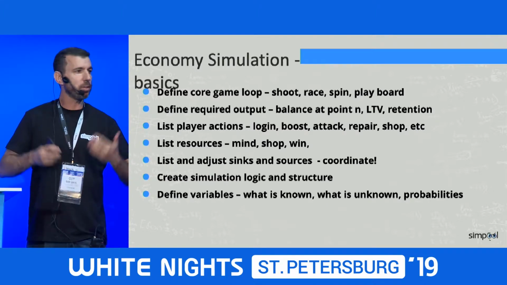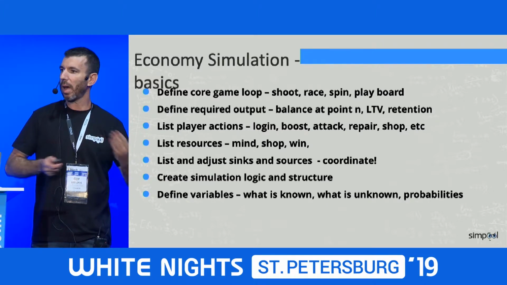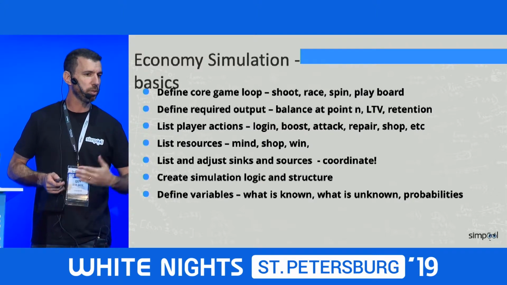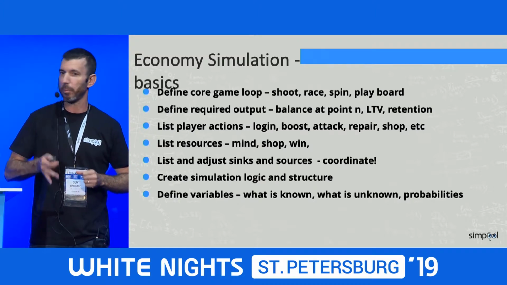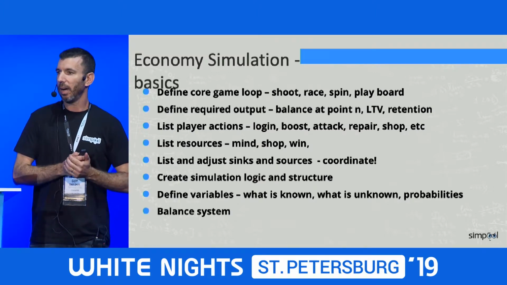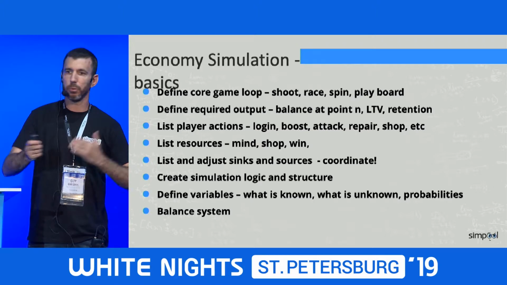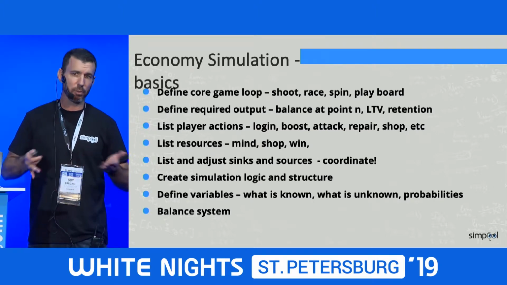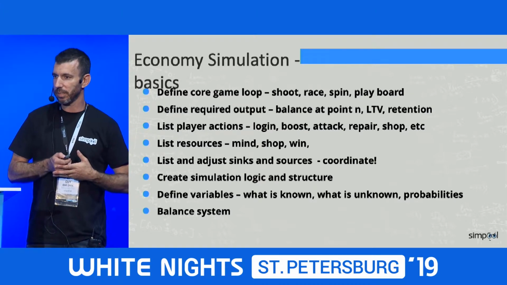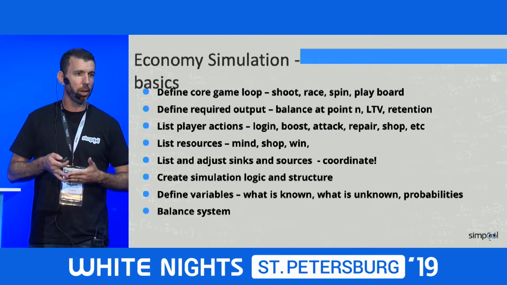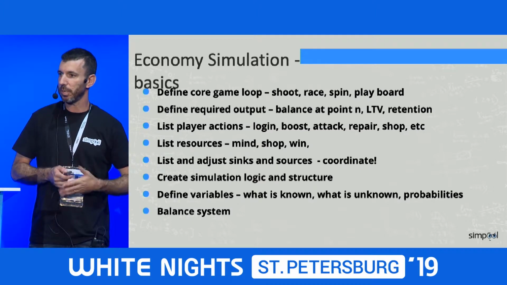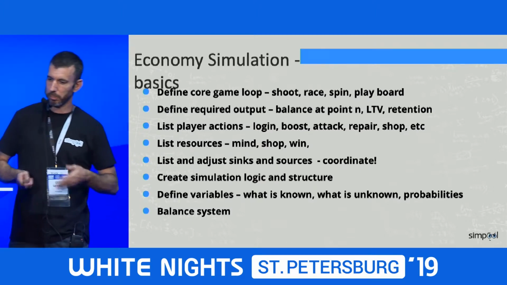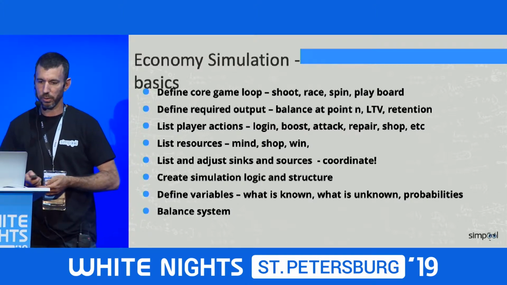It can be things that we know: users are more active during specific hours of the day, users might purchase more aggressively at the beginning of the month because they just got their paycheck, users are more active through specific platforms, and things like that. And also there are a lot of unknown variables inside the system. This is where we're using a simulation algorithm called MCMC, Markov chain Monte Carlo. I won't go into this at this moment, but if anyone is curious, we can talk about this later.